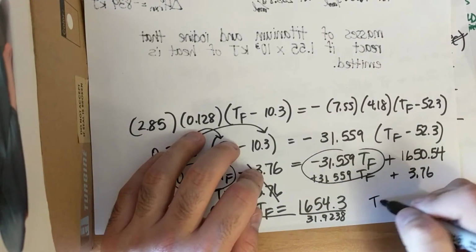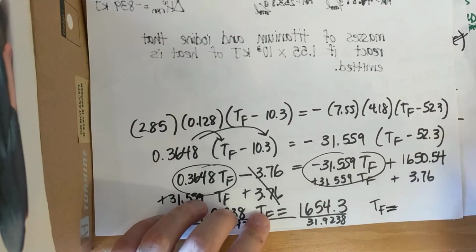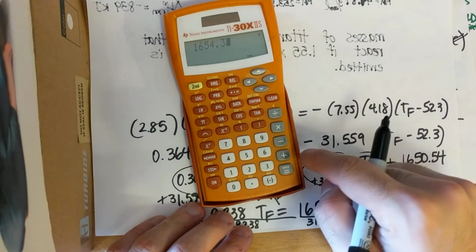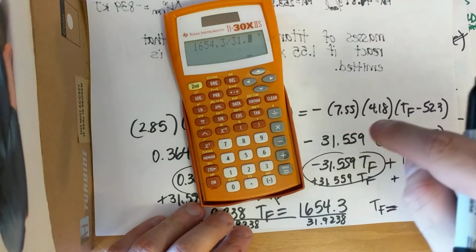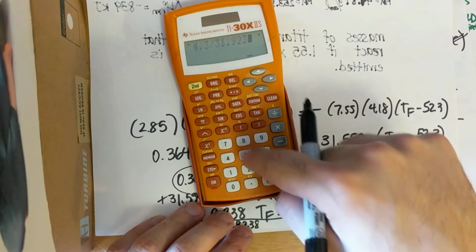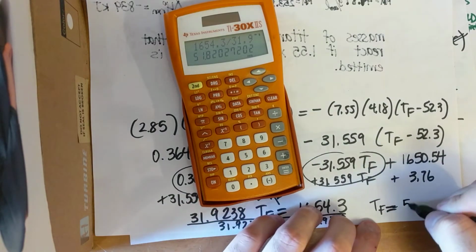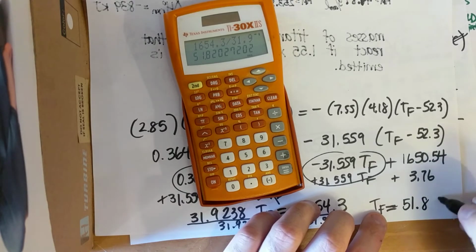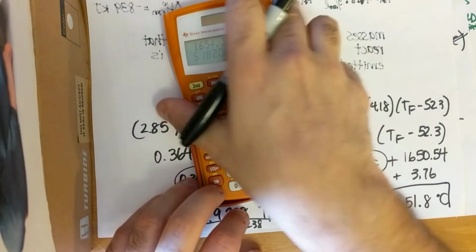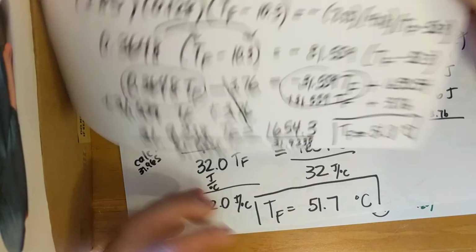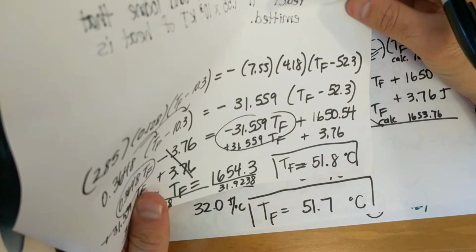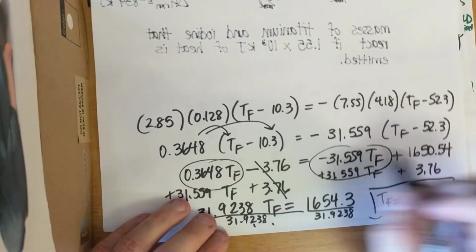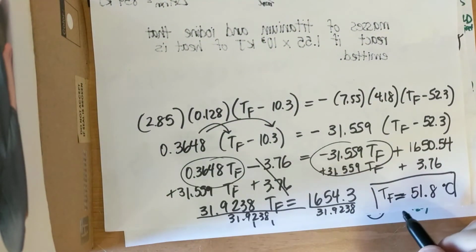If I solve for TF, I get TF equals 1654.3 divided by 31.9238, and for sig figs I get 51.8 degrees Celsius, which is only 0.1 difference from our answer of 51.7. So obviously both those answers are correct. This is the quick way to do it, where you just plug in numbers and solve for TF.